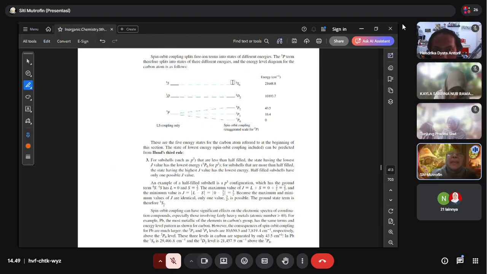If you pay attention to these 5 different levels, you will find the full symbol of the terms, such as 3P0, 3P1, 3P2, where 0, 1, 2 represents the J.